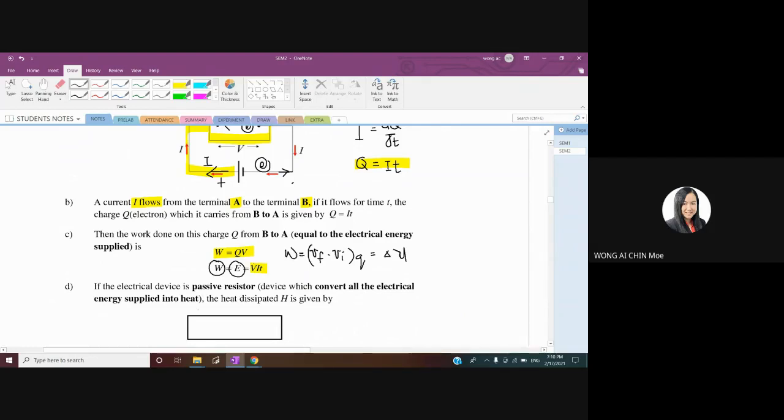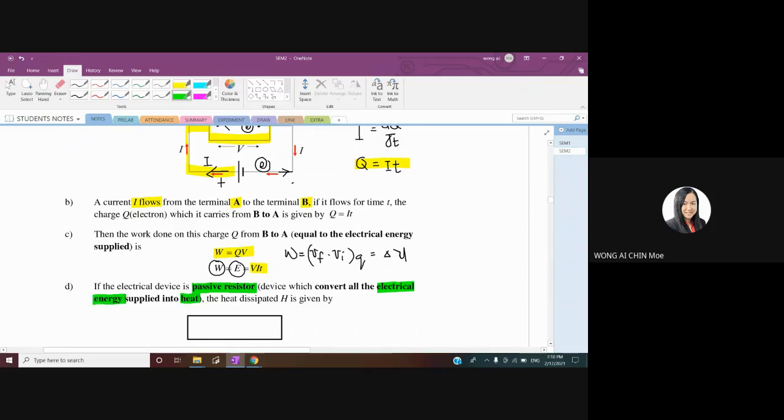If the electrical device is a passive resistor, meaning a device which converts all the electrical energy into heat, then when we switch on the power supply and a current flows through, you will feel that the electrical device becomes hot, because all the electrical energy has been converted into heat, heat dissipated.